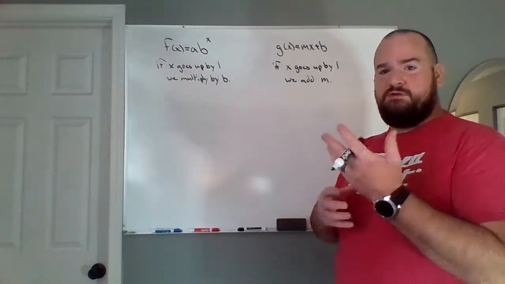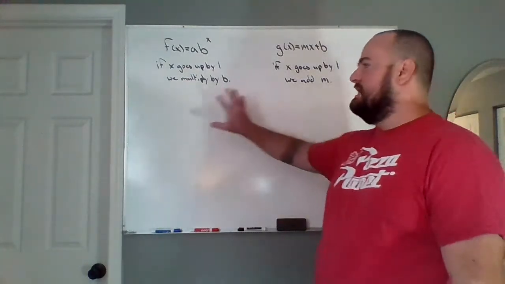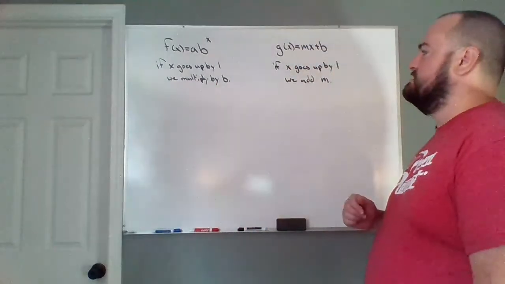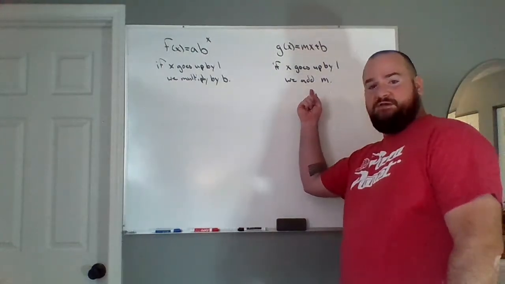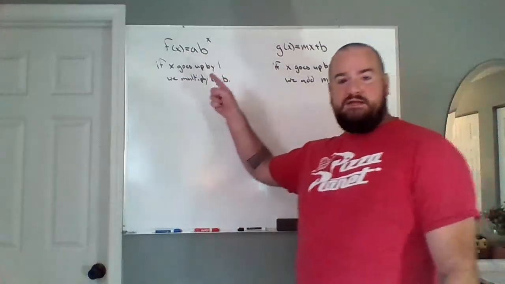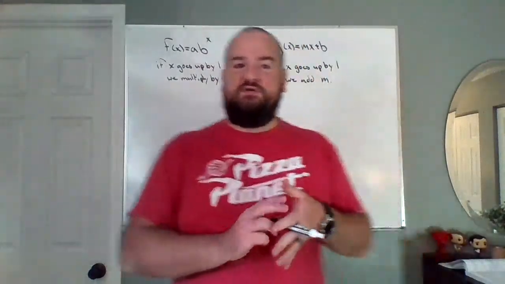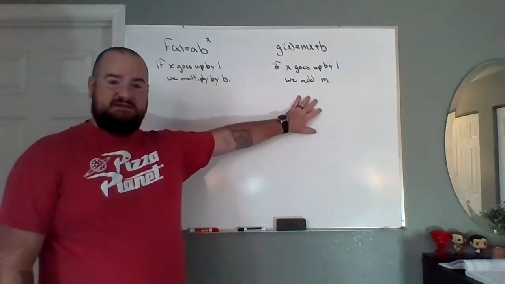Now, the way we talk about the rate of change is different. Here we talk about it as a slope, and we'll talk a little bit later about what we talk about here, and its rates of change and so forth. But the difference is a linear function is changed additively, whereas an exponential function is changed multiplicatively. So that's really the main difference between these two functions. One represents multiplicative growth, one represents additive growth.